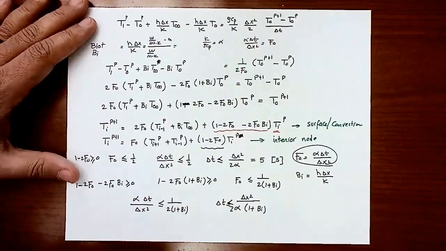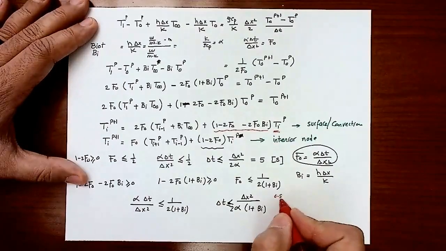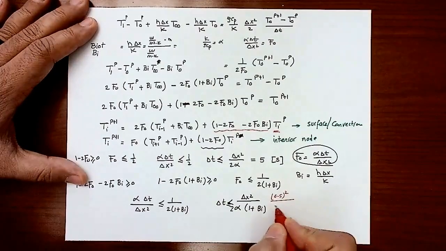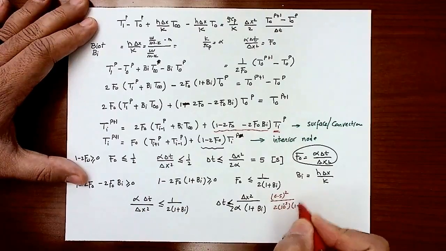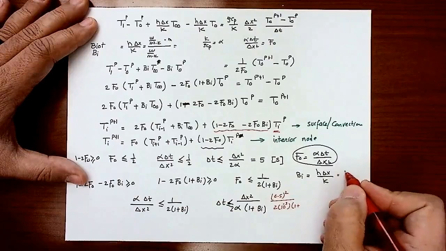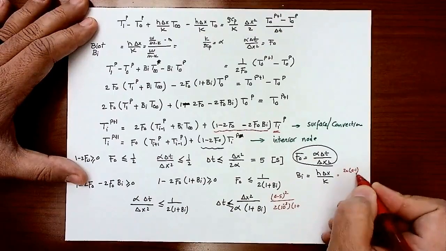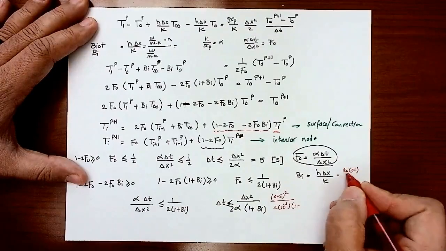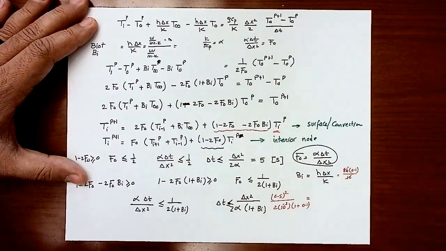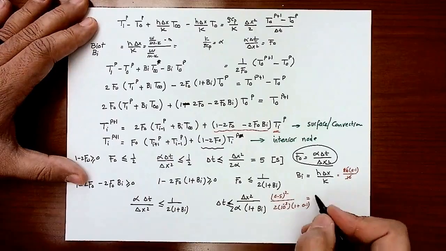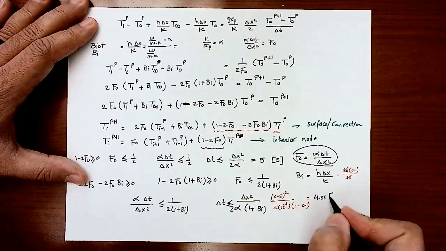If I follow that calculation, that's 0.1 squared divided by 2 times 10 to the minus 3 times 1 plus, what's Biot number? h is 10, and k is 100, so it's 0.1. From this, you will calculate a new delta t. It's not going to come to be 5 seconds. It will actually be 4.55 seconds.